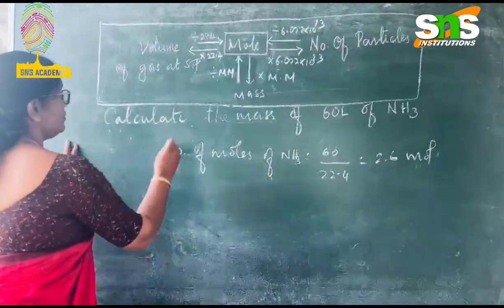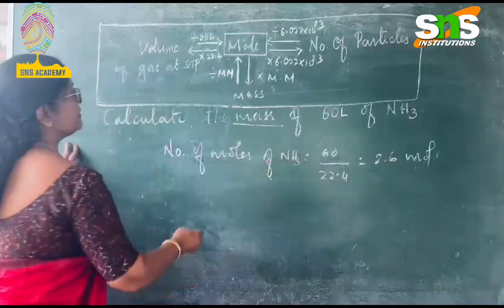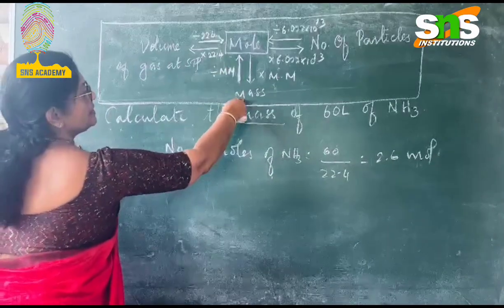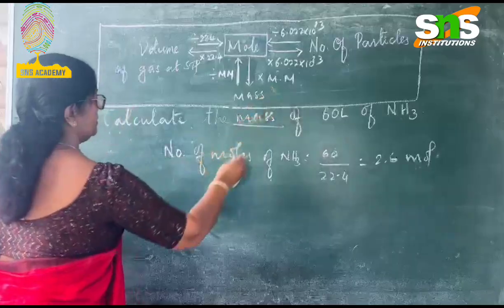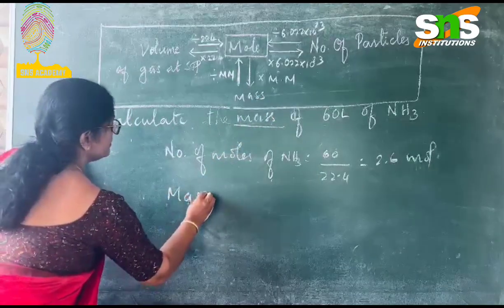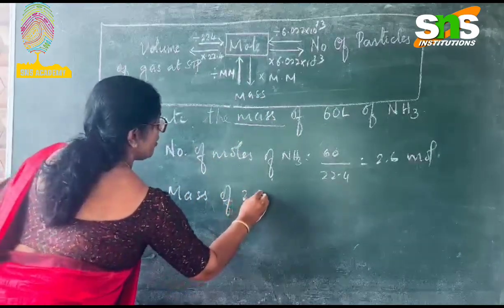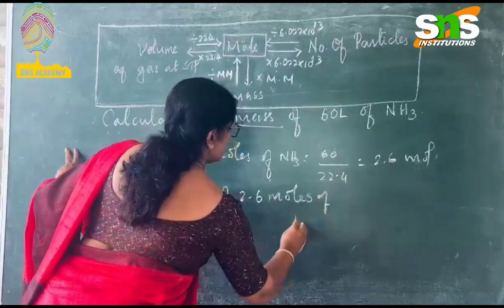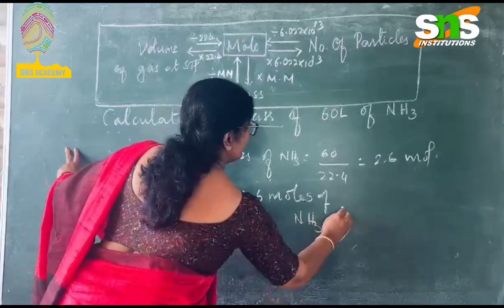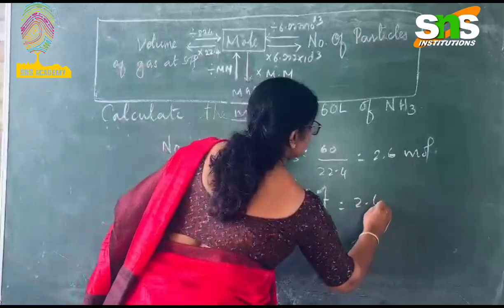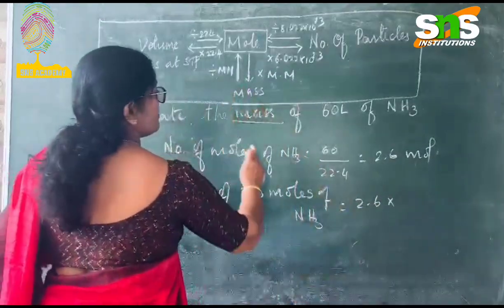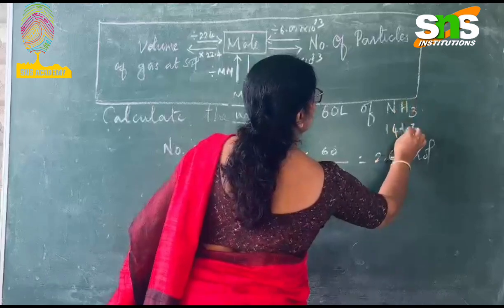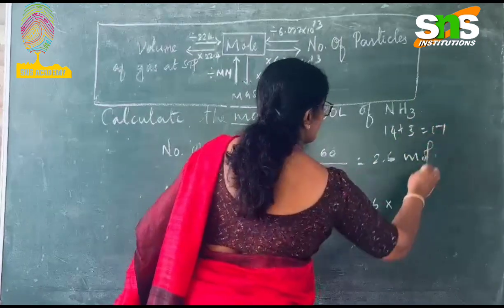Now, we are supposed to calculate the mass. As we know the moles, it can be converted to mass by multiplying with molar mass. So, mass of 2.6 mole of ammonia NH3 will be equal to 2.6 multiplied with its molar mass, where 14 plus 3, which is 17 gram per mole.